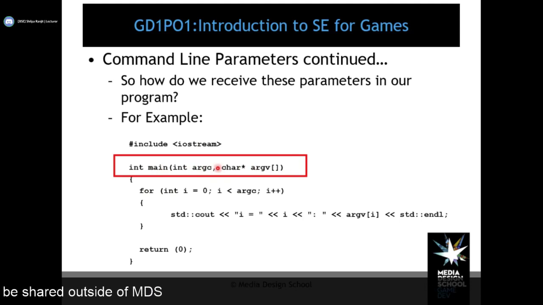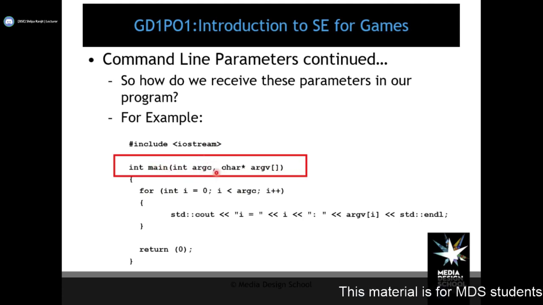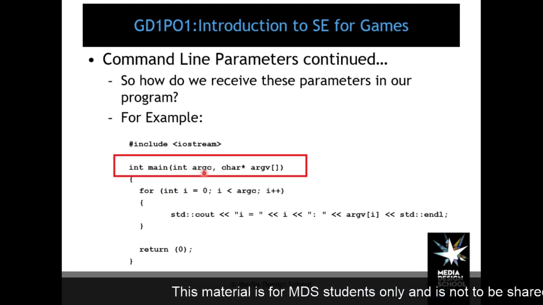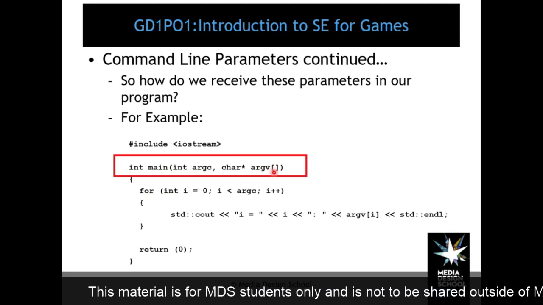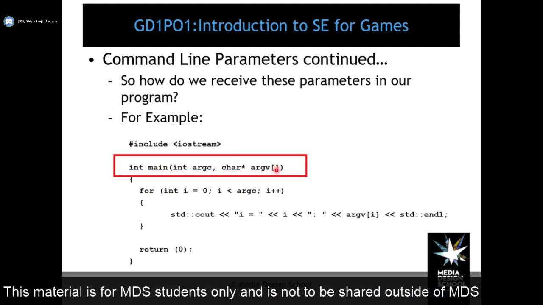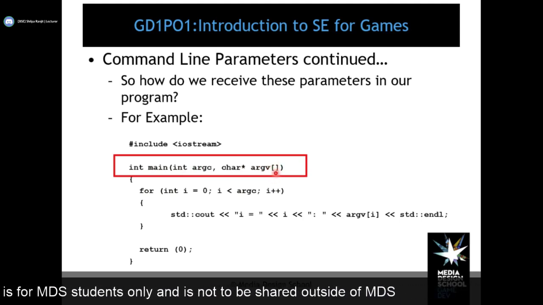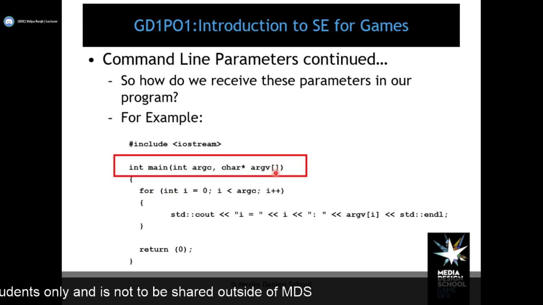If you were to pass arguments, you will need a declaration of main that looks like this: int argc, which counts the number of arguments that you've passed, and a char array. The dimension is left empty because I do not know how many arguments the user would pass in the command line.